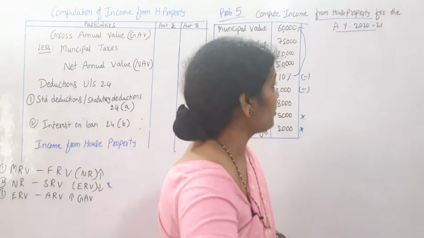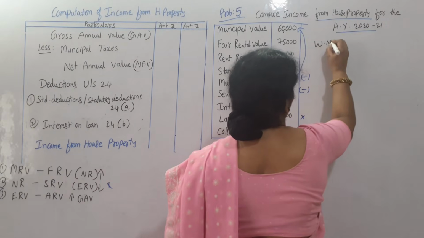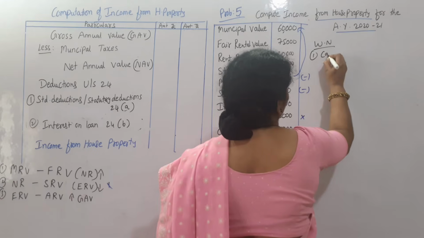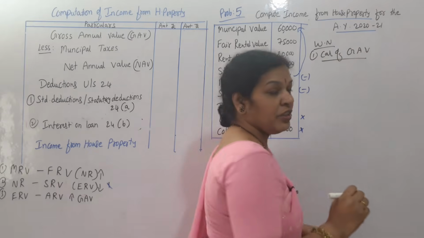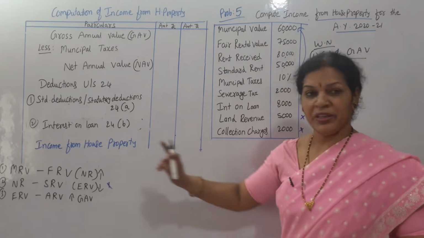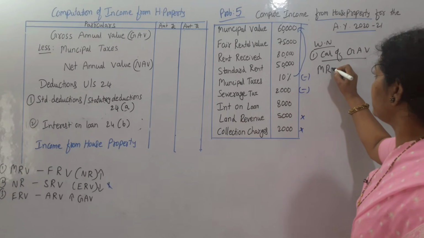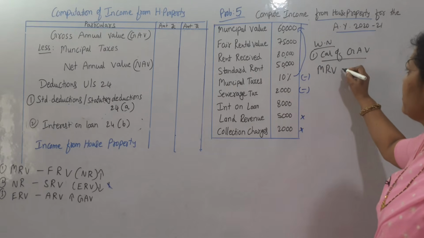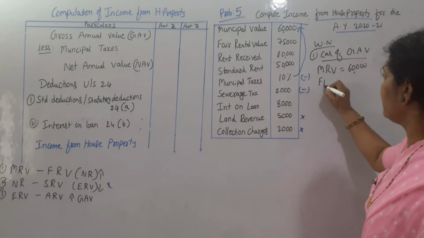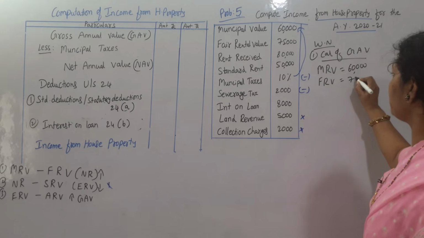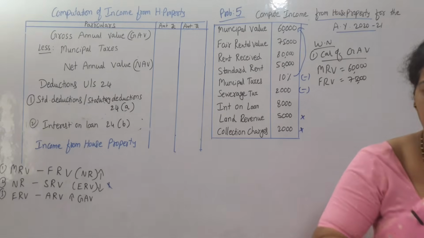Now let us work out the calculation of GAV. Working notes we can show here. For calculation of GAV, first what do we take? MRV and FRV. Municipal rental value is 60,000. FRV, fair rental value, is 75,000. Whichever is high, we call it NR.